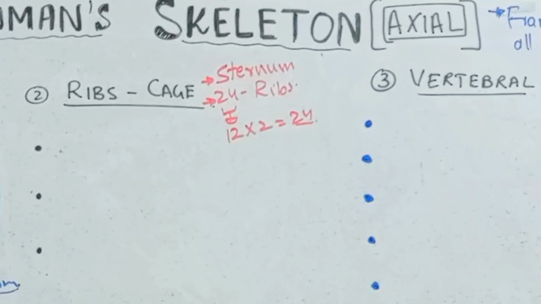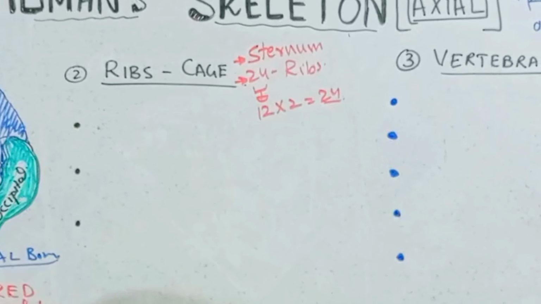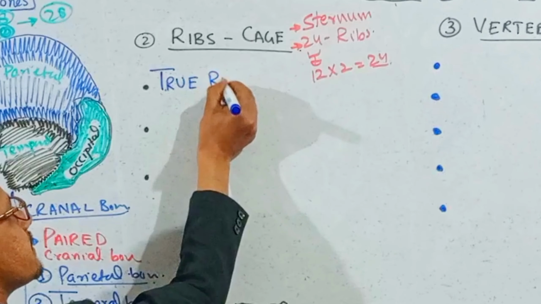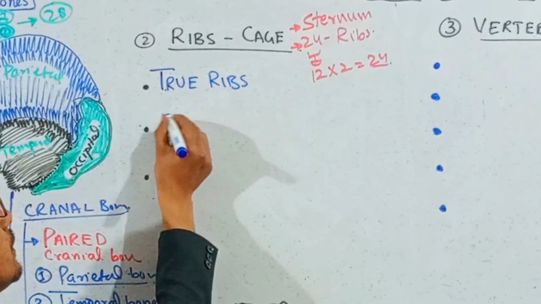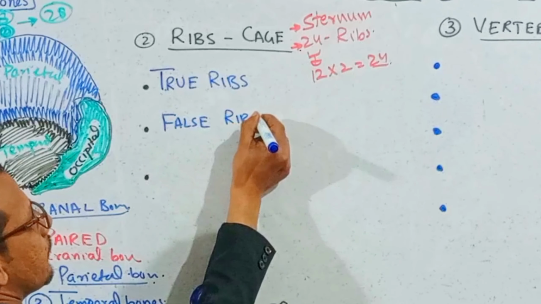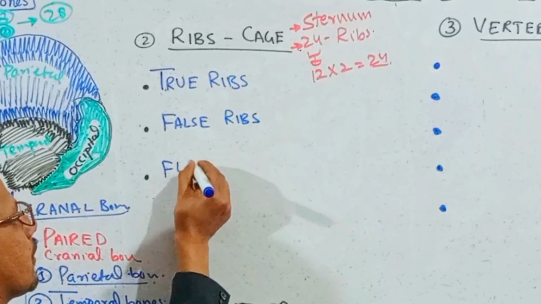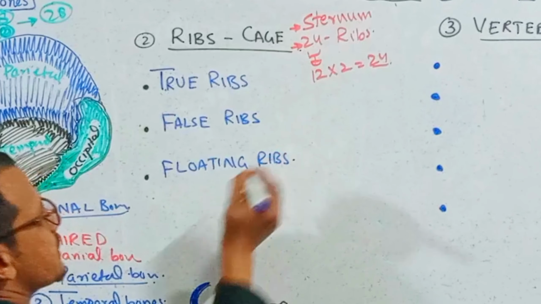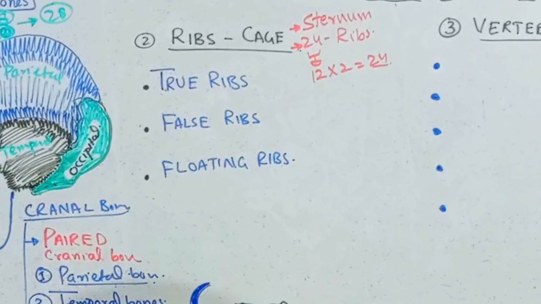The ribs are further divided into three parts. The first one is true ribs, false ribs, and floating ribs. The true ribs are 7 in number on each side.